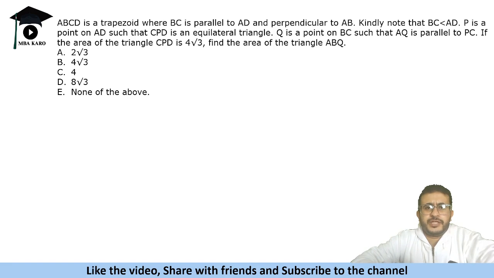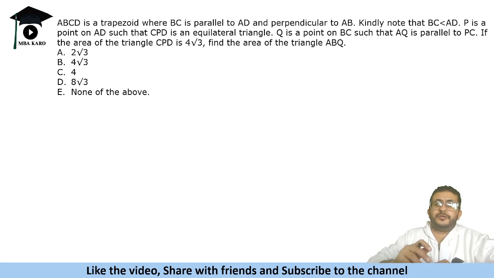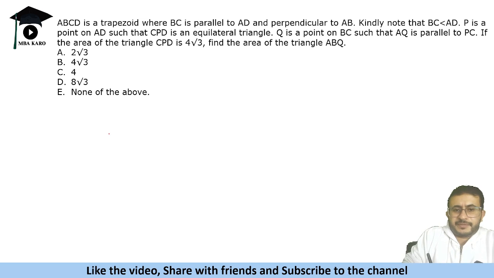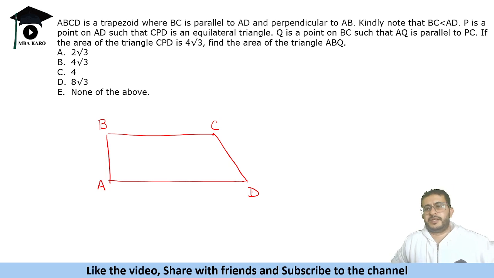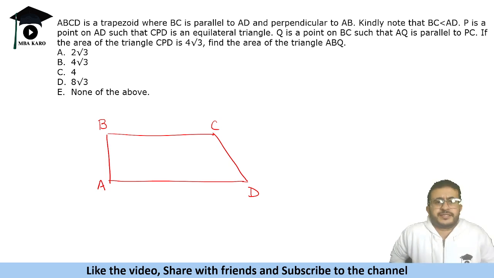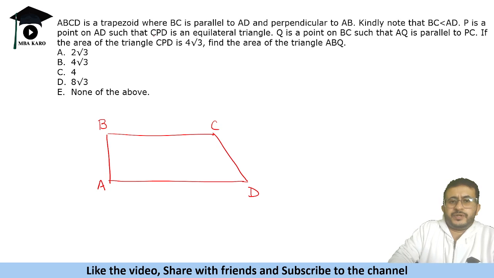ABCD is a trapezoid where BC is parallel to AD and perpendicular to AB. So this is BC, parallel to AD and perpendicular to AB, and given that BC is less than AD. And this is D, right? P is a point on AD such that CPD is an equilateral triangle.